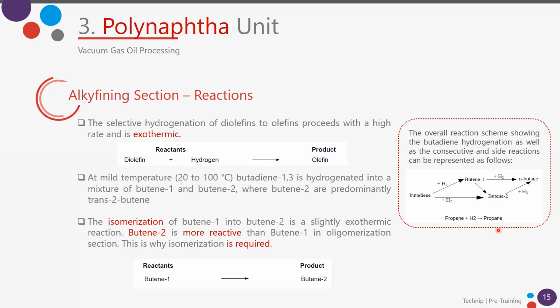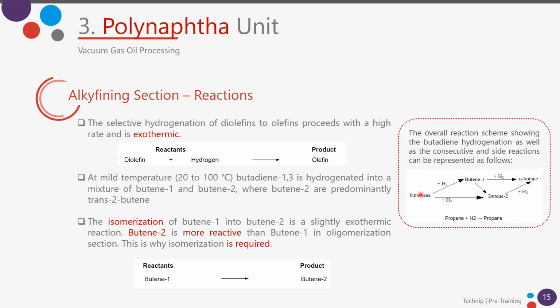And of course, this is also a not desired reaction, that propene will get transformed into propane with the hydrogen, because this is also our olefin that we are going to pass through our oligomerization reaction. So I think that here is well shown all the reactions that take place in this section.